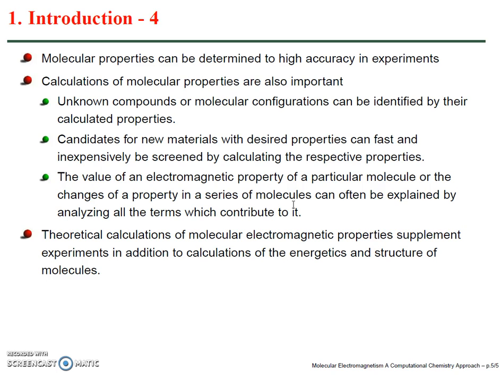Then if we calculate the chemical shift, it typically consists of different contributions, and we can compare those between the two molecules and often get a deeper understanding of the changes. Calculation of molecular properties can in this way maybe not replace, but at least supplement the experimental measurement of these properties. And they can provide additional important information about molecules next to the energy and structure of a molecule.